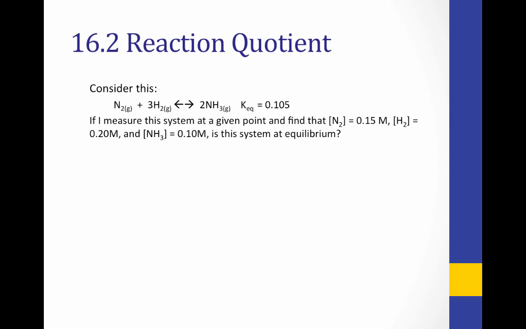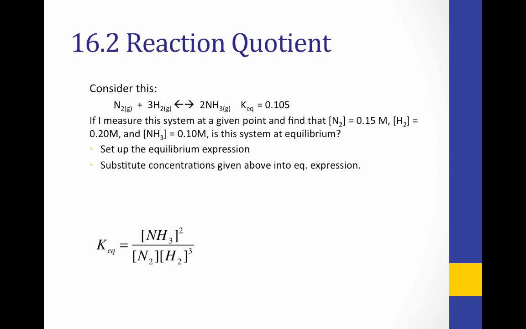In order to use the reaction quotient to make this determination, first, I want to set up an equilibrium expression. For this reaction, our equilibrium expression would be K_eq is equal to the concentration of NH3 squared over the concentration of N2 times the concentration of H2 to the third. Again, we use the coefficients as our exponents in our equilibrium expression.